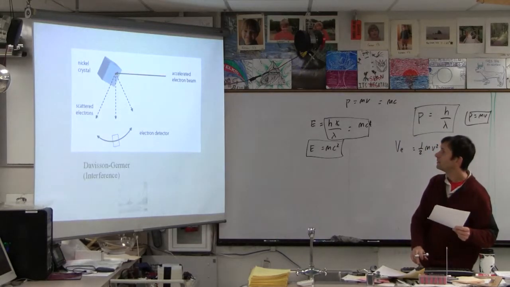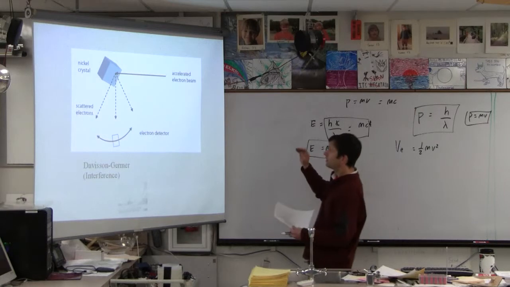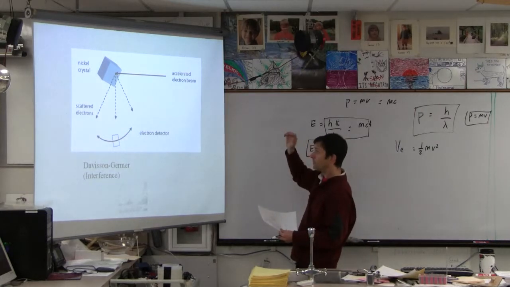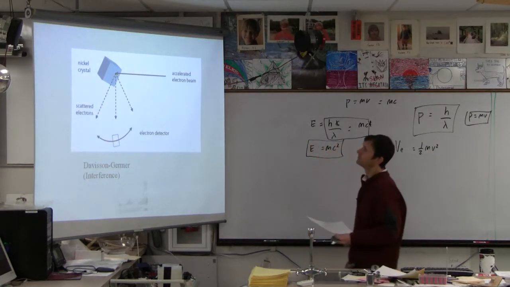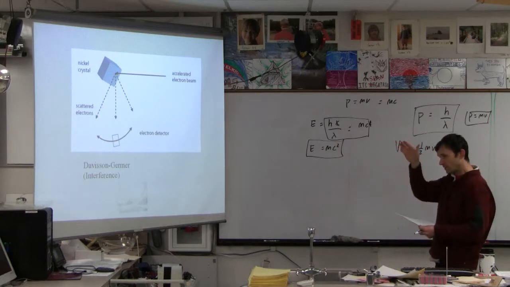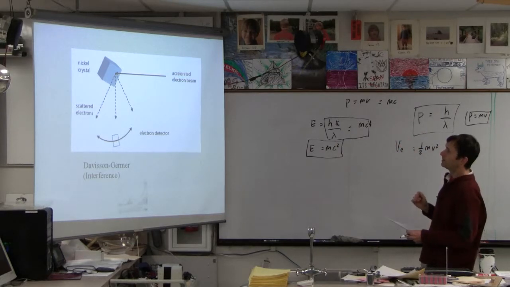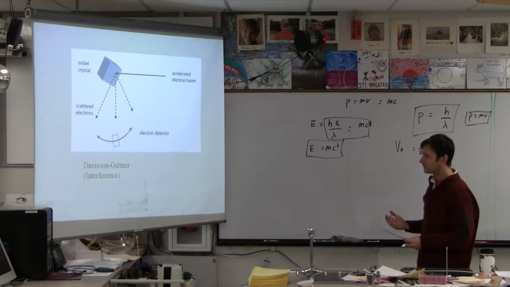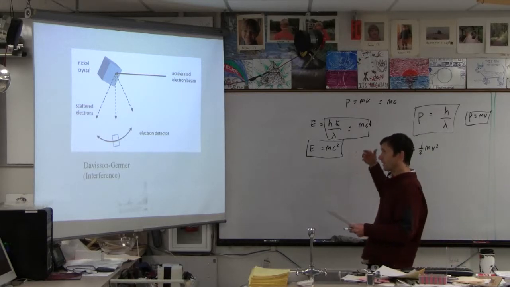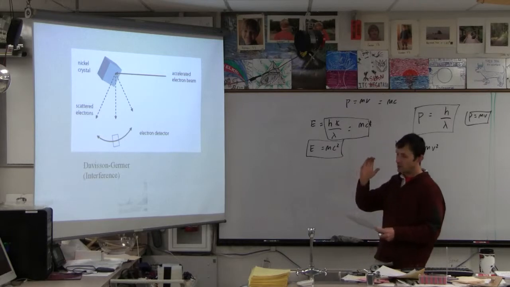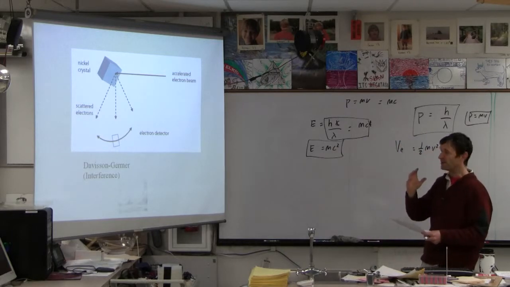And this little picture here I got out of an IB textbook, but the notion was that if you take a nickel crystal, the nickel crystal has these regular arrangements of atoms, and those act like a diffraction grating. And so you can get the electron beams to run into the crystal, and they will do wave things. They'll interfere with each other.